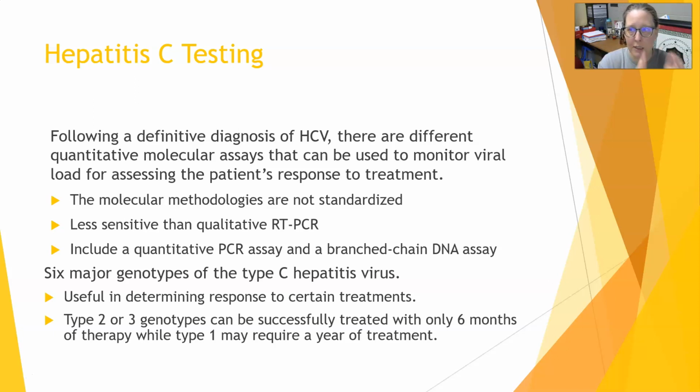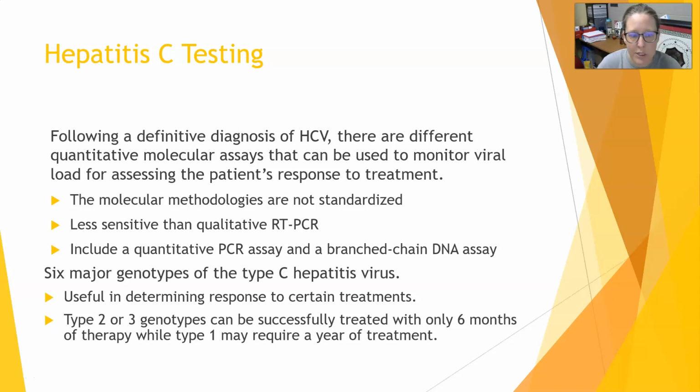If you're going to trend or track a patient over time, you need to stick with the same methodology. Some of them are less sensitive than the qualitative RT-PCR. They can include a quantitative PCR assay and a branched chain DNA assay. So there's a variety of tests out there, and they are helpful.